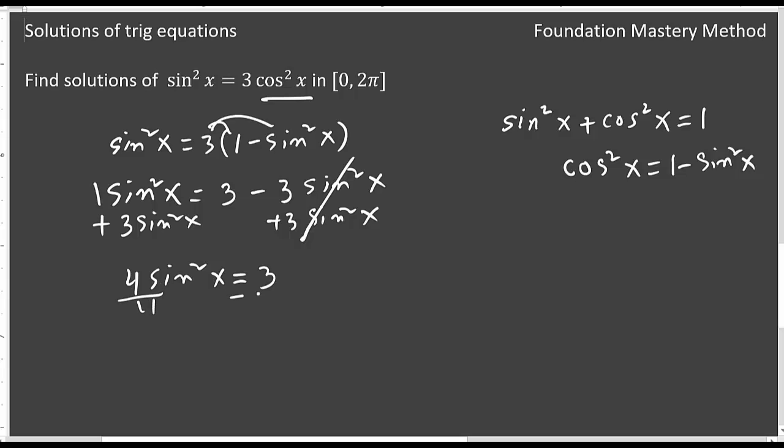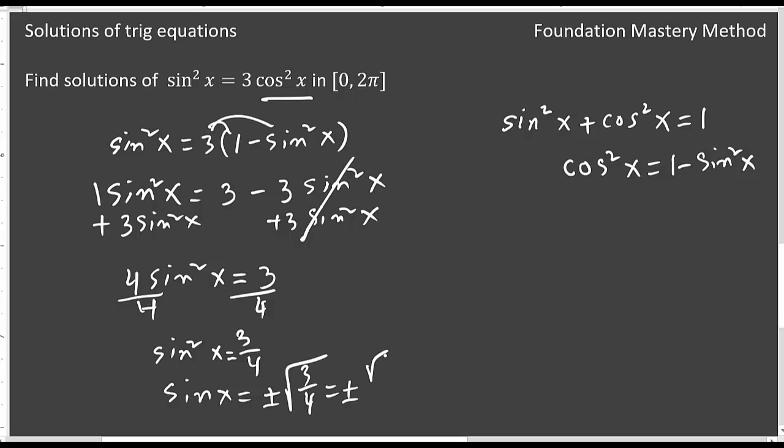Divide both sides by 4. So you get sine squared x equals 3 over 4. So then sine x will be plus or minus the square root of 3 over 4. You can further simplify. You get radical 3 over 2.